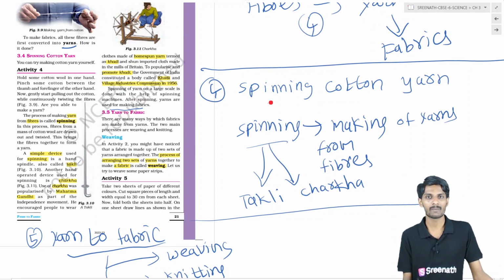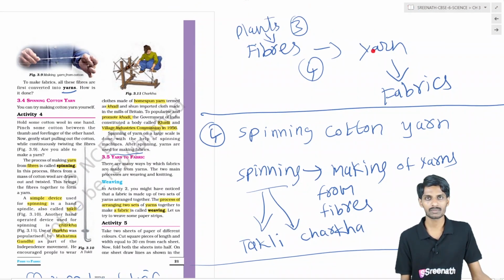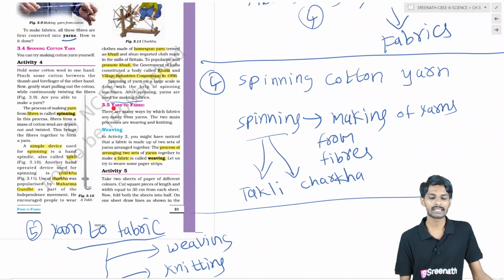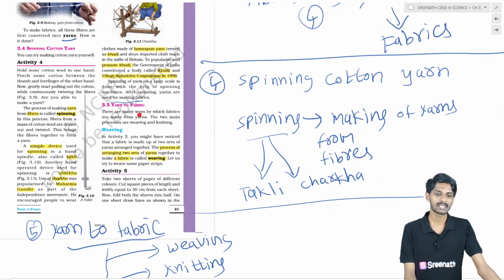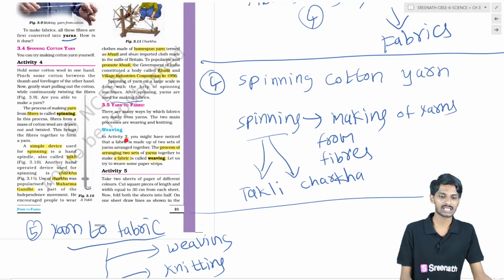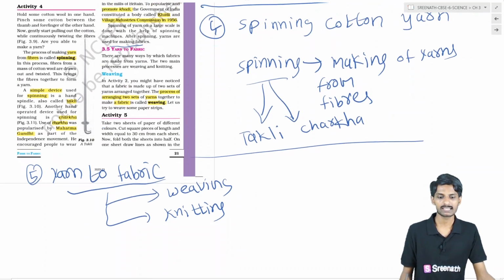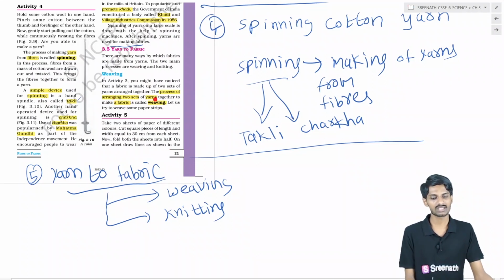By the process of spinning, we get yarn from the fibers, and we have completed fibers to yarn. Now we are going to learn about yarn to fabrics. Yarn to fabric is done in 2 ways: weaving and knitting. The process of arranging 2 sets of yarns together to make a fabric is called weaving.